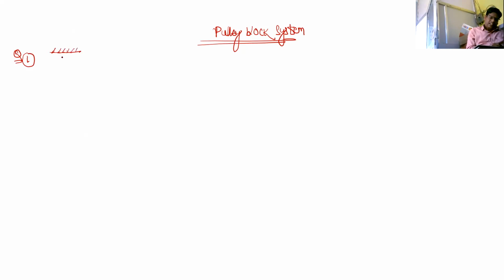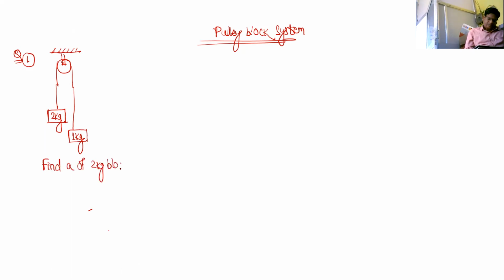Small questions, but there will be some difference. Here is a 2 kg block, and here is, let's say, a 1 kg block. Question: find acceleration of the 2 kg block. Next question.